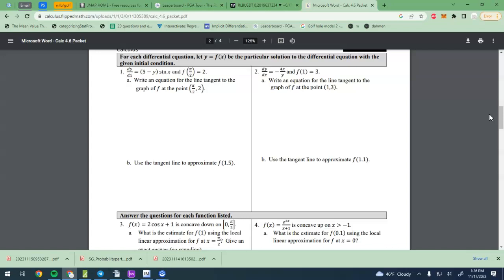After you close it, you should get the slope.